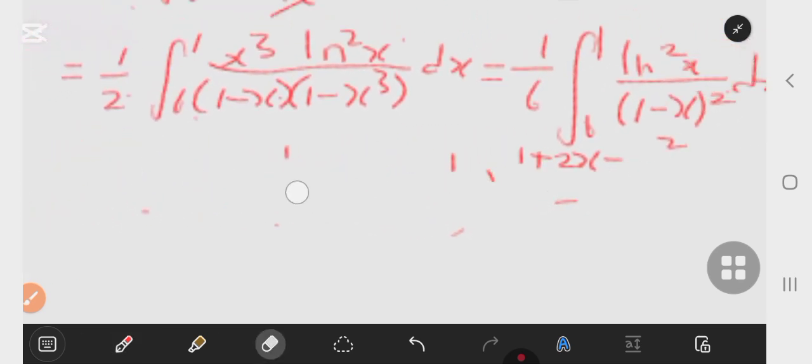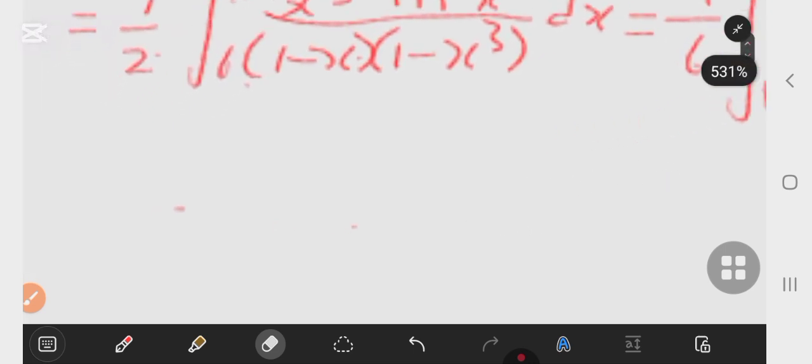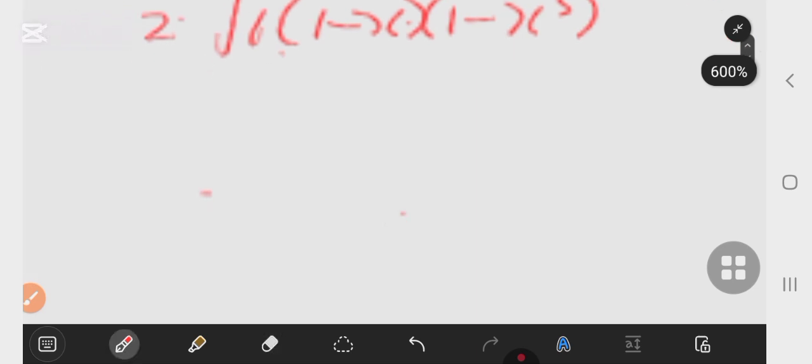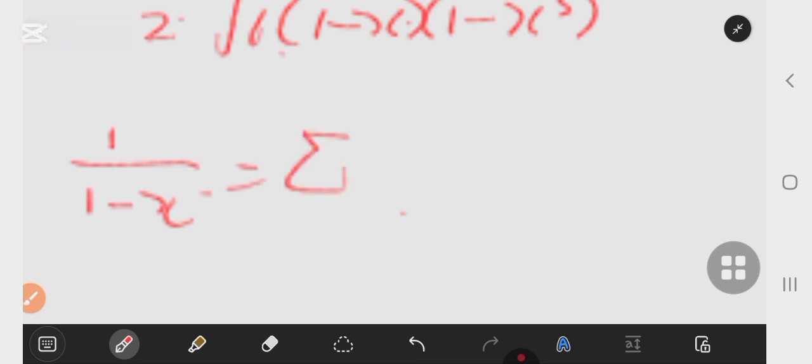So what do I do next? First, let me consider this. Note that we already know that 1 over 1 minus x is the same as the sum to infinity of n starting from 0 of x to the power of n.